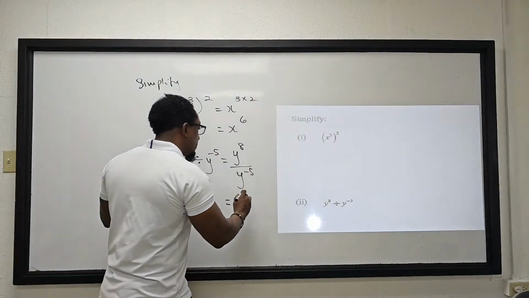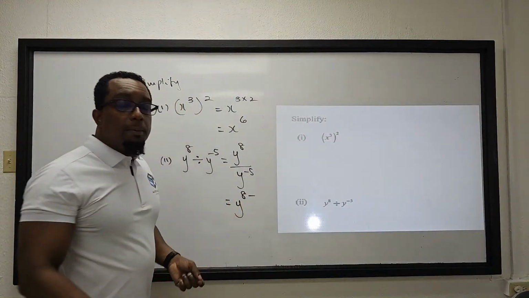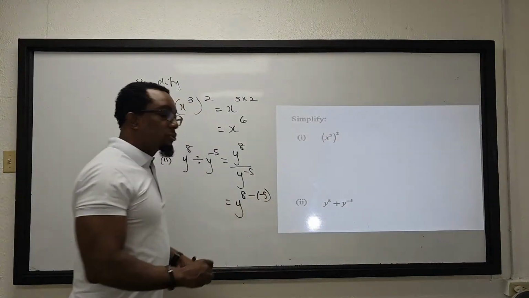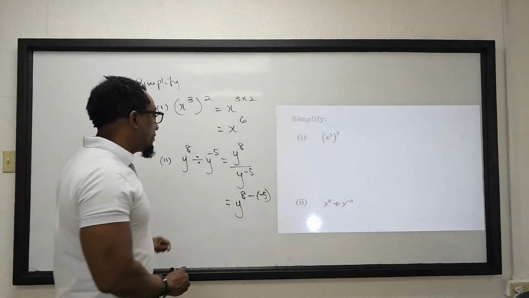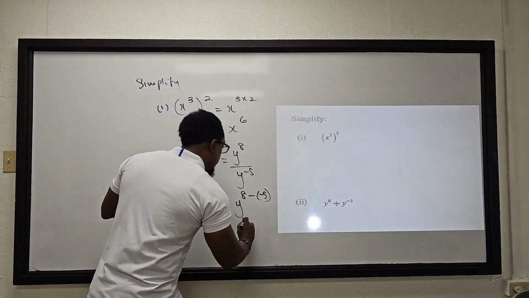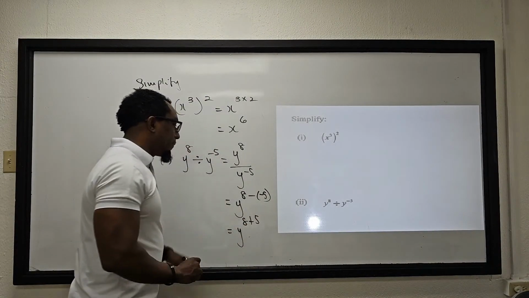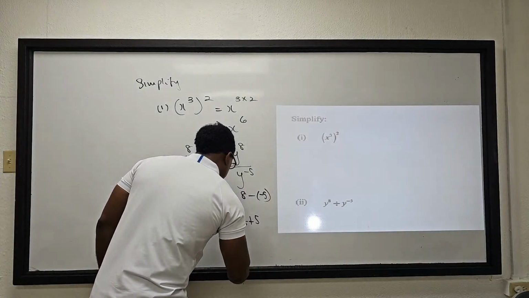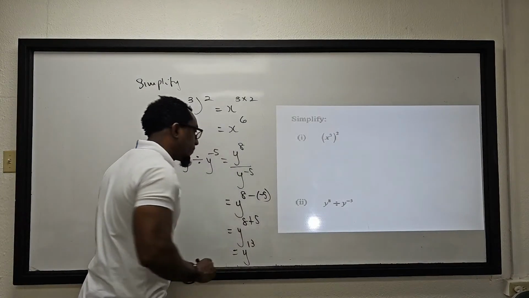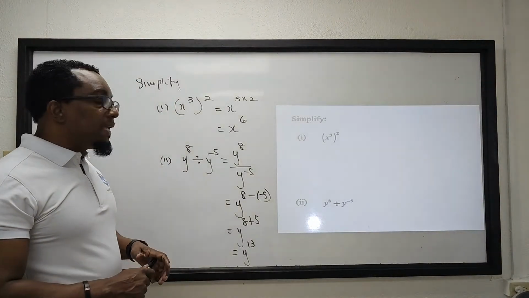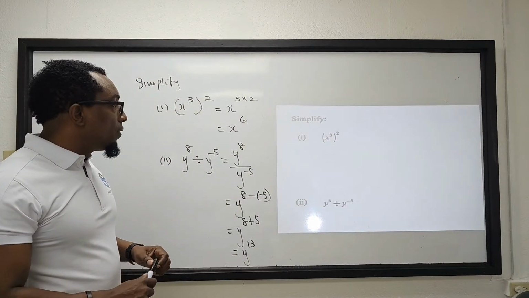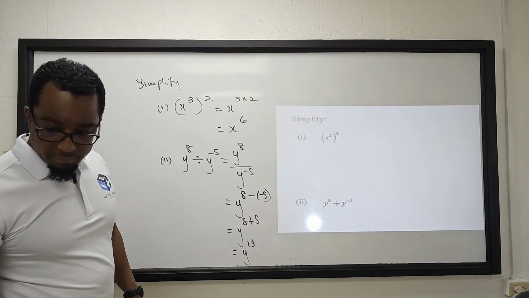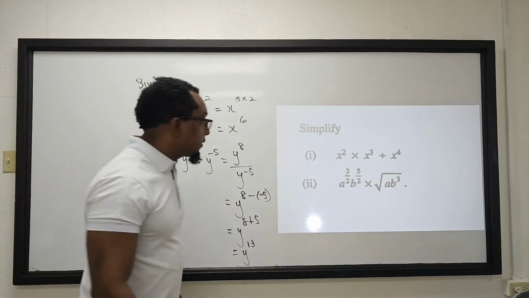So this is 8 subtract the power negative 5. So I put negative 5 in brackets. So we're going to get here y to the power of 8 plus 5. And this will give us y to the power of 13. Yeah? So making sure we can apply our laws of indices where applicable. Alright, let's look at another.